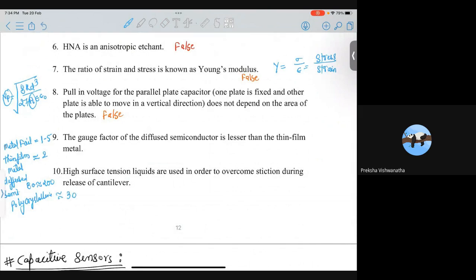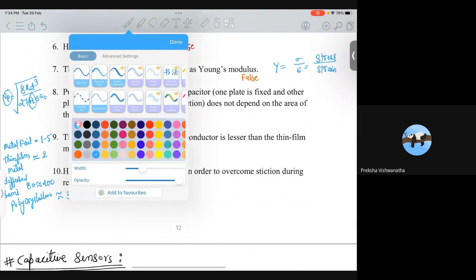So the question is, the gauge factor for the diffused semiconductor is lesser than the thin film metal. So as you can see, the diffused semiconductor is having the highest gauge factor, which is 80 to 200. So this statement is false.